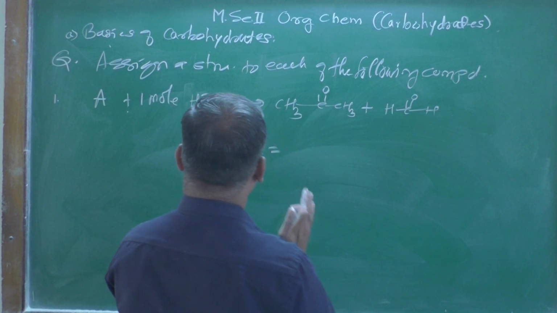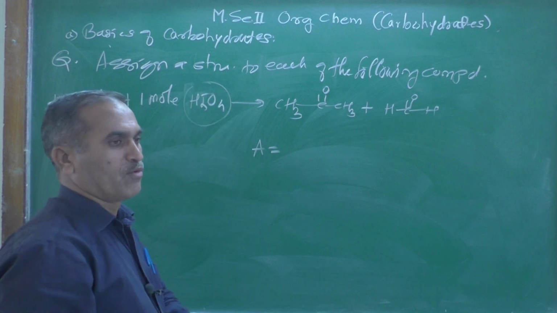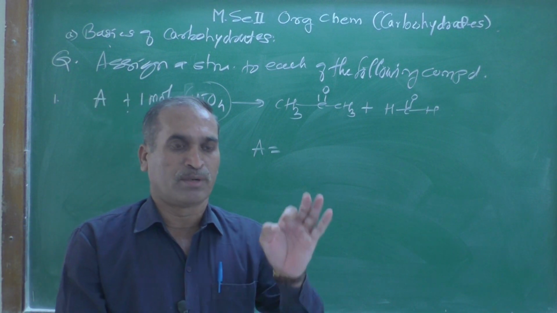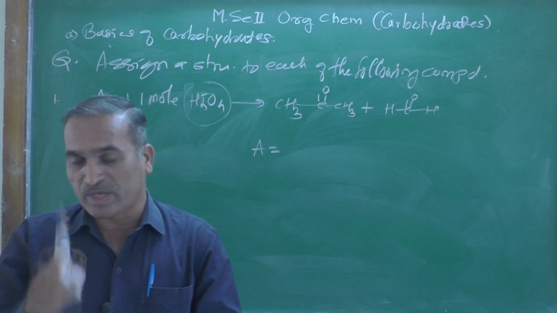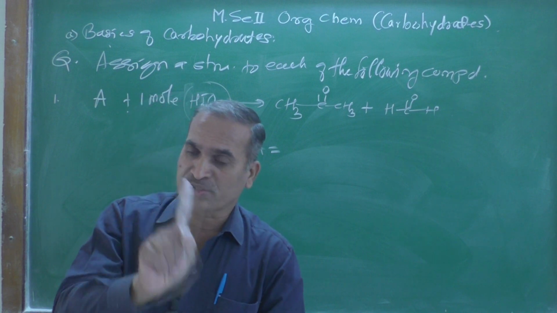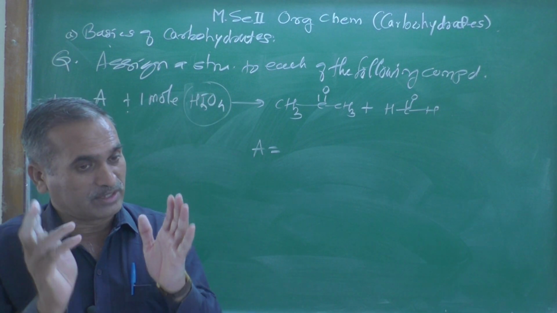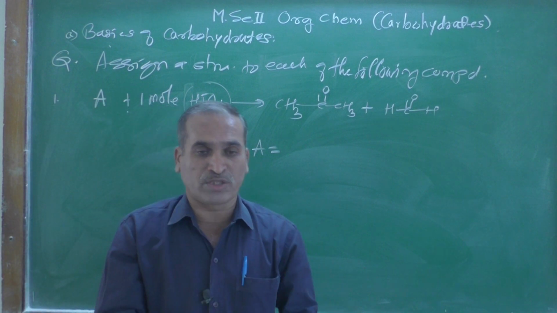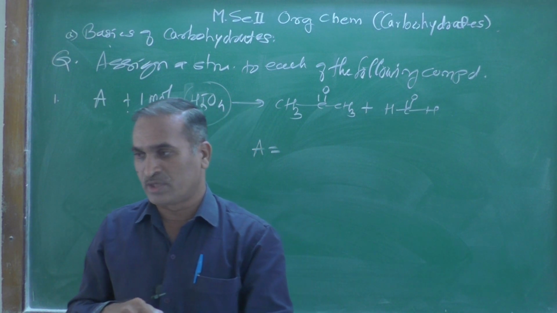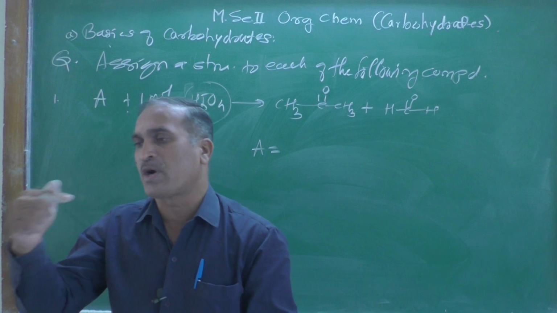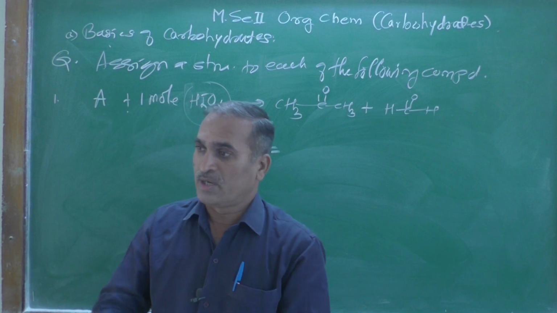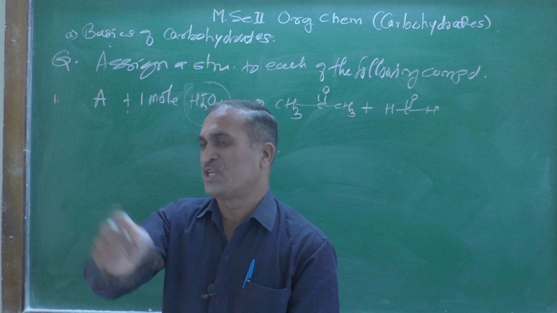As we know, the role of HIO4, periodic acid, is breaking the bond between hydroxyl groups if they are present at the 1,2 position. They must be adjacent to each other, either hydroxyl groups or carbonyl groups, at a vicinal position.